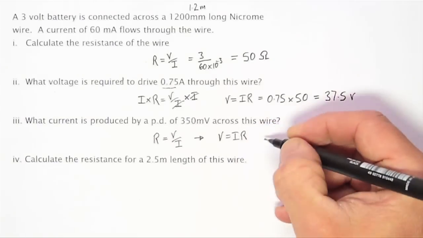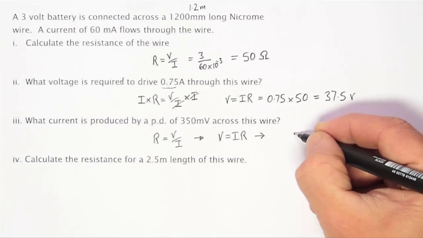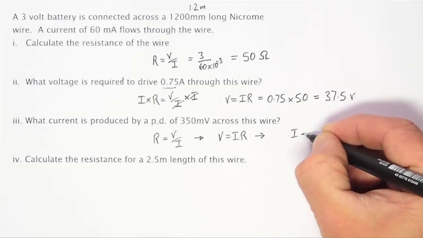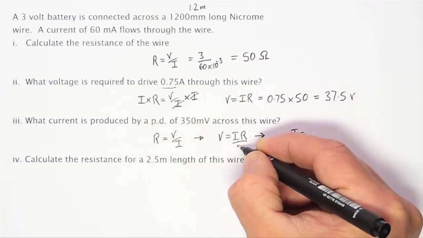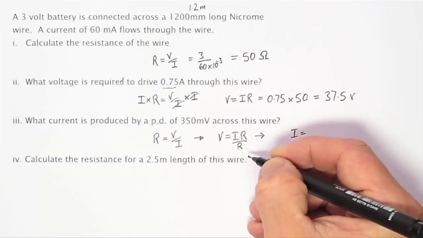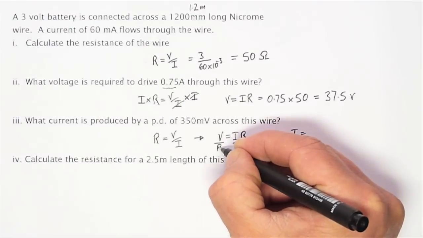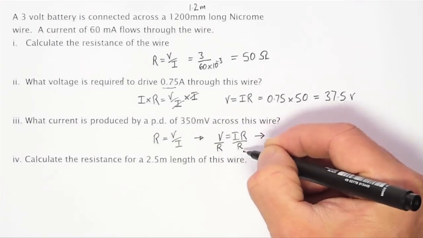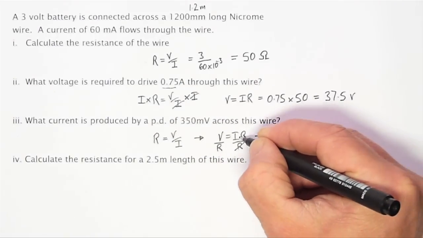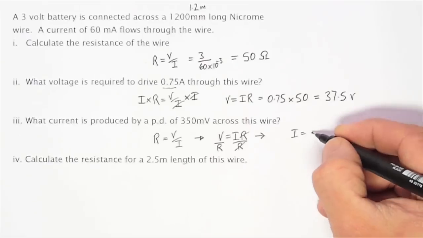And this time I want to rearrange it to make I the subject. So what I'll do is divide this side of the equation by R. What I do to one side of the equation I must also do to the other. Here we have multiplied by R and divided by R, so those two cancel out. That gives me that I equals V over R.